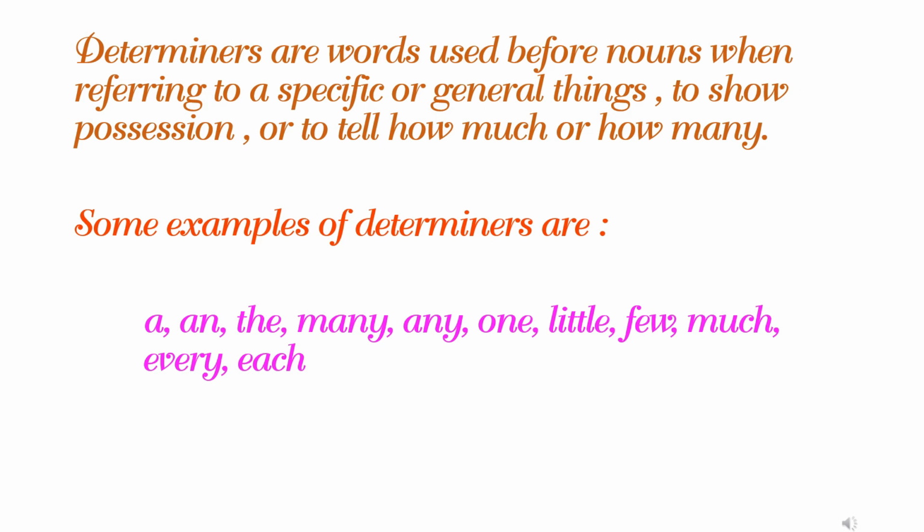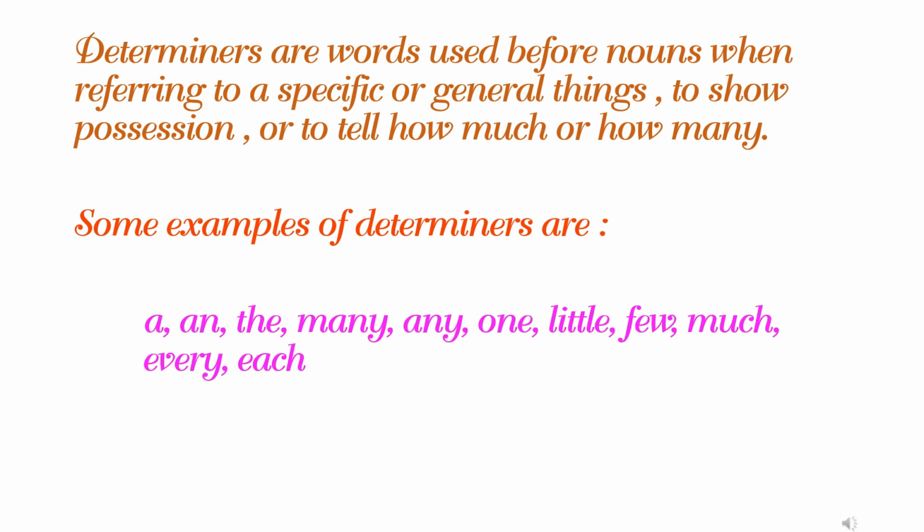Determiners are words used before nouns when referring to specific or general things, to show possession, or to tell how much or how many. Determiners are the words which we use before nouns.